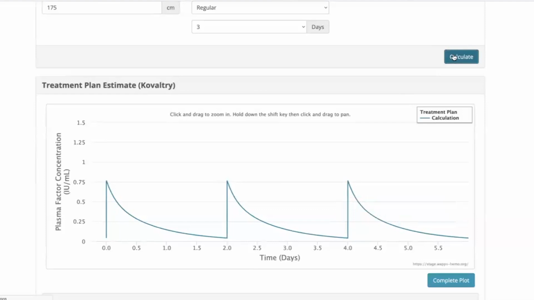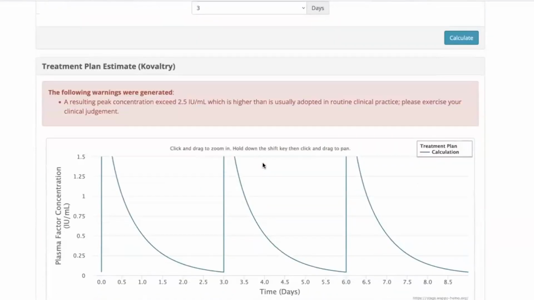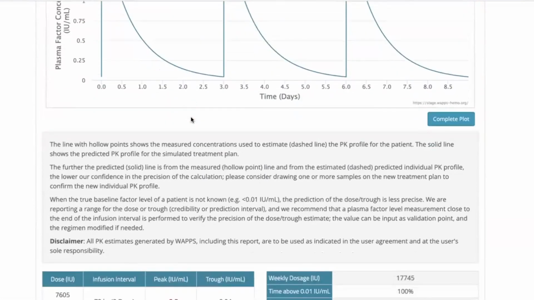And do you see a new graph? Now there's a warning. It says, well, this dose is really high. The patient has a really high peak.